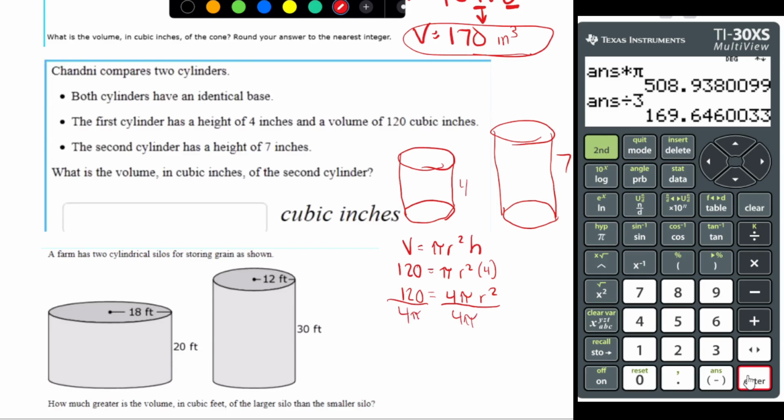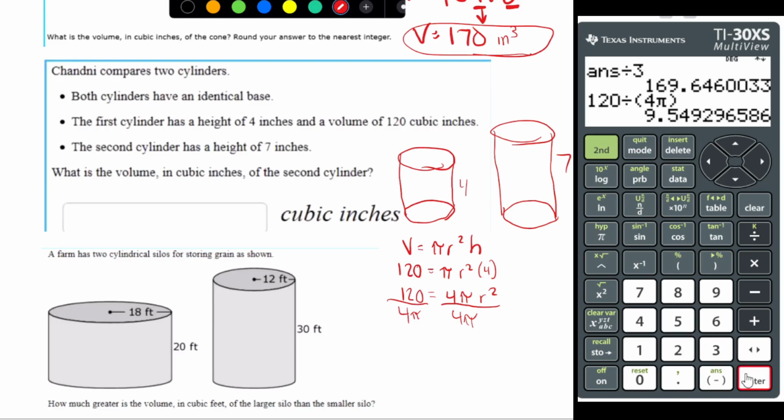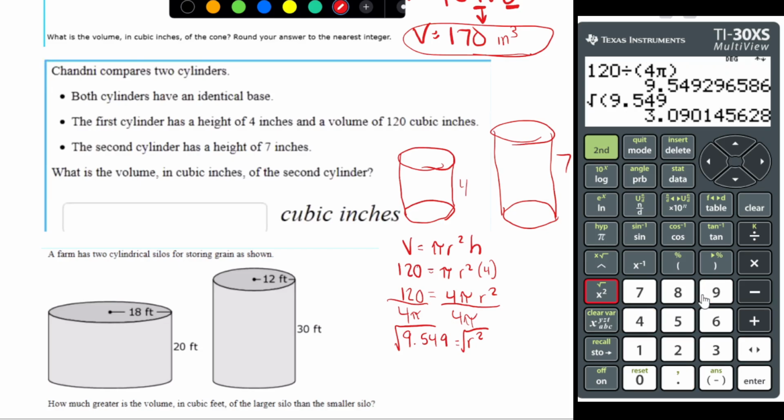You get 120 divided by 4 pi, and you get 9.54. 9.54 equals r squared. We have to take the square root of that. 9.549. And you get 3.09.